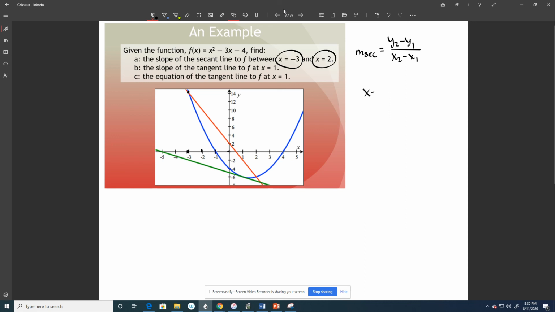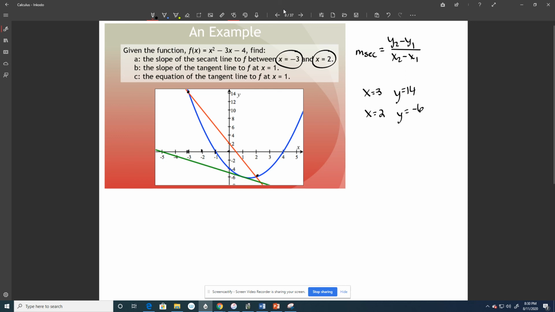So when x is -3, then y is equal to 14. At least that's what it looks like. When x is 2, my y value is down here at -6. So when x is equal to 2, y is equal to -6.